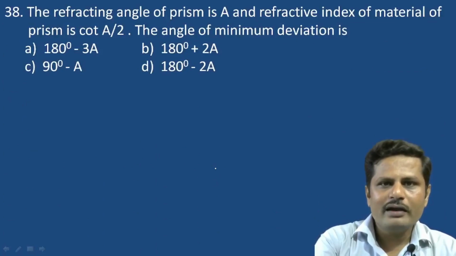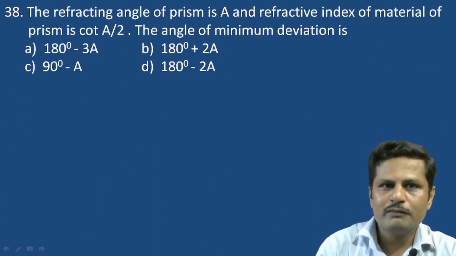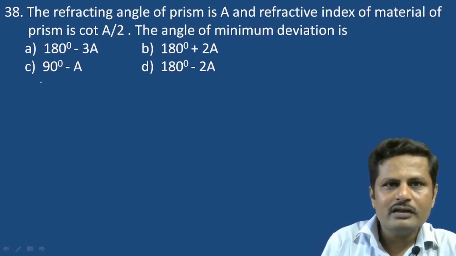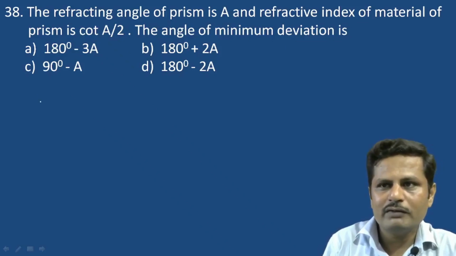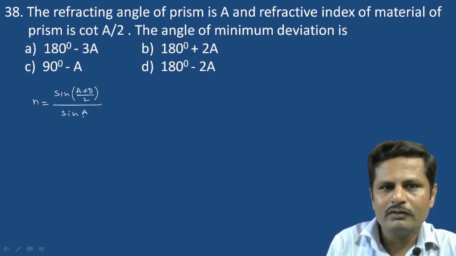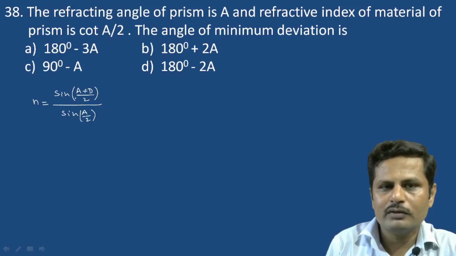The refracting angle of a prism is A and the refractive index of the material of the prism is cot A by 2. The angle of minimum deviation is? Here the refractive index of the material of the prism, n, we know that n is equal to sin of (A plus D) by 2 whole divided by sin A by 2. This is the expression for the refractive index of the prism in terms of the angle of the prism and the angle of minimum deviation.